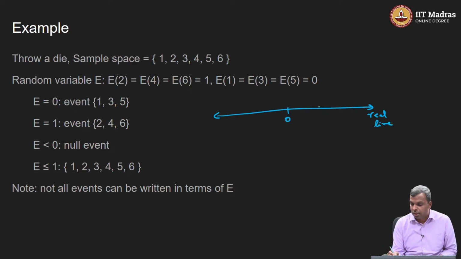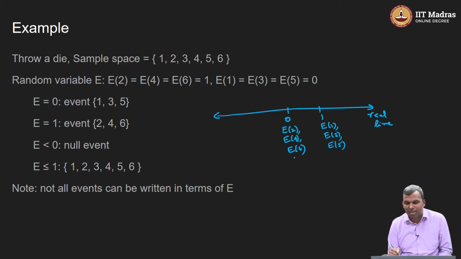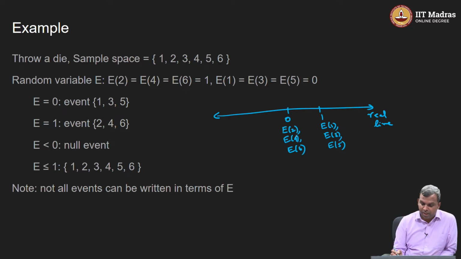So there's 0 and there's 1. This is E of 2, E of 4, E of 6, and this is E of 1, E of 3, E of 5, right? I'm writing all this out in detail, but eventually you don't have to write it. You'll see how things work out. So E equals 0 is the event. Oops, I got it wrong, did I? I mixed it up.